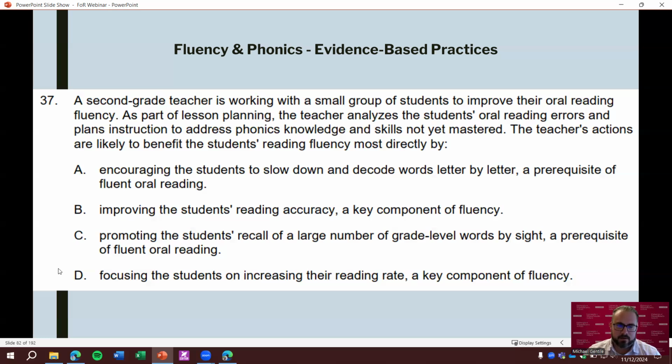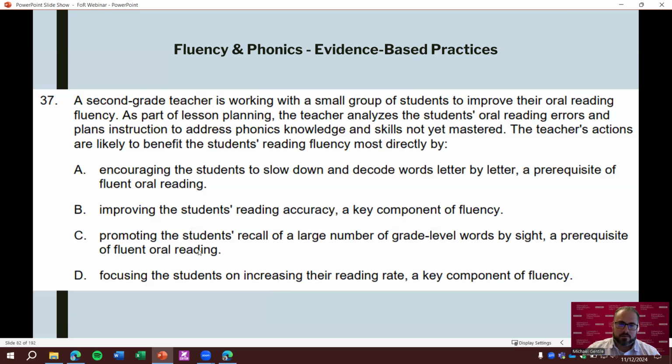And you'll see down here that D is a very similar answer. You know that teaching phonics skills is not really related to their rate. It's not going to make them any faster necessarily if they're getting that phonics knowledge. That's not what that's designed to do. Teaching phonics knowledge explicitly is designed to make them so they're not making errors on words, right?